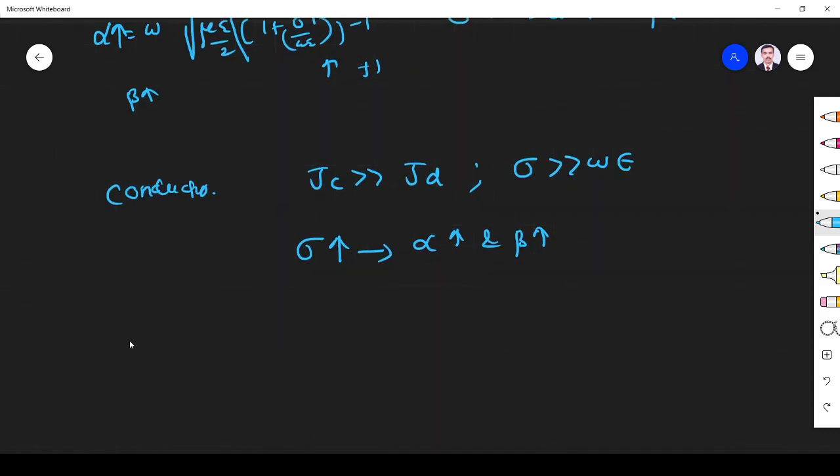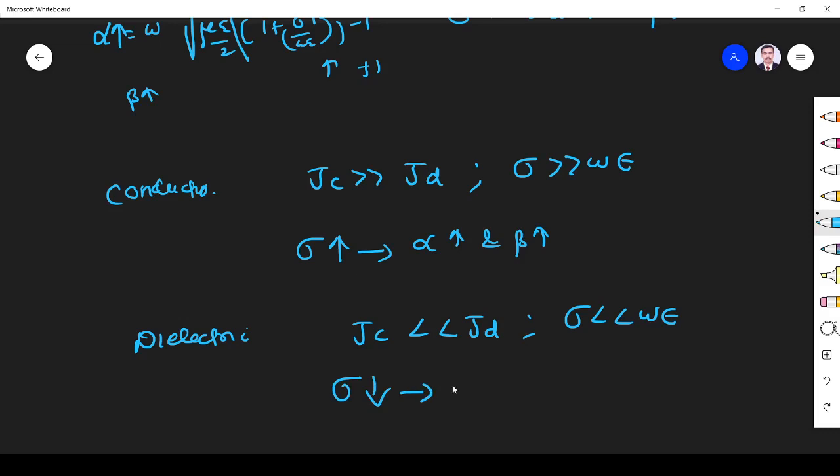Similarly, for dielectric, everything is reverse. Theta should be very small, so JC must be less than JD, and sigma must be less than omega epsilon. A dielectric has poor conduction, so sigma is less, and we know alpha tends to 0.